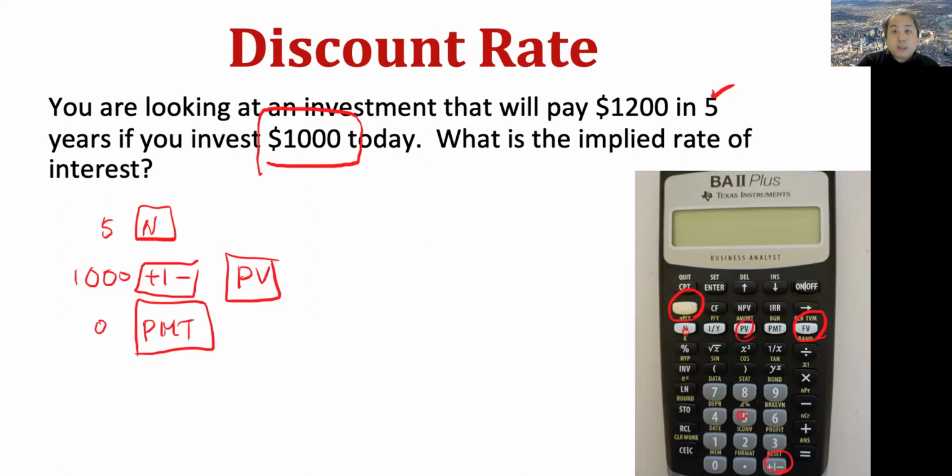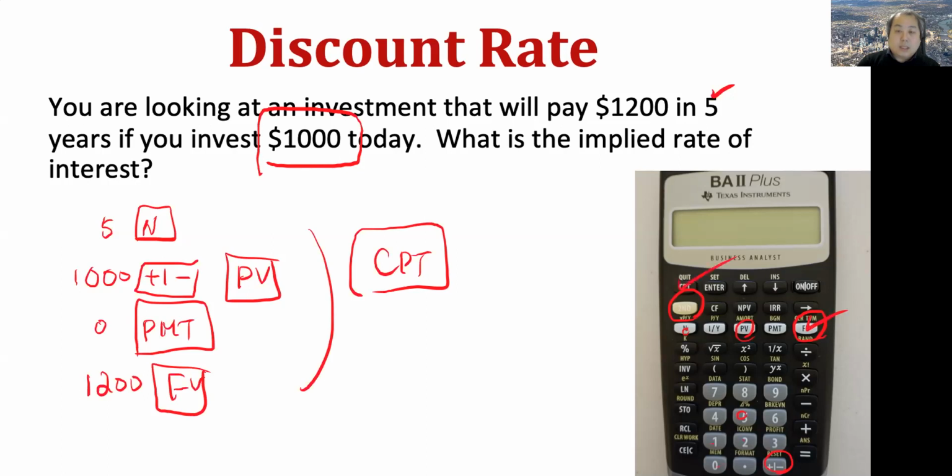Only in chapter 4. Chapter 5, we'll get it. And then future value, now you will get 1,200 because the investment will pay you. So it's an inflow for you. So it's a positive 1,200 future value. And CPT, compute, this key. And what?